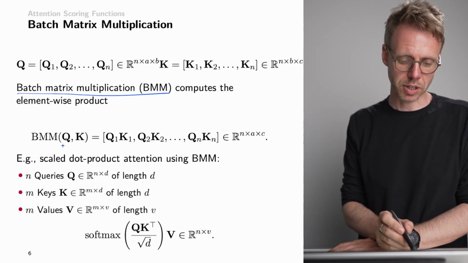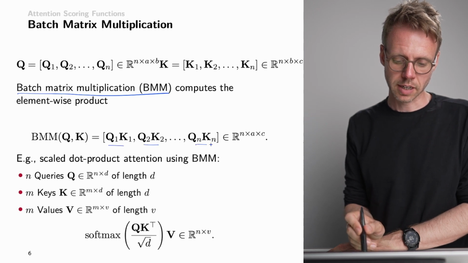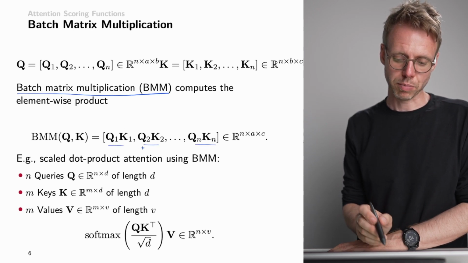So batch matrix multiplication would then compute the n element-wise products.